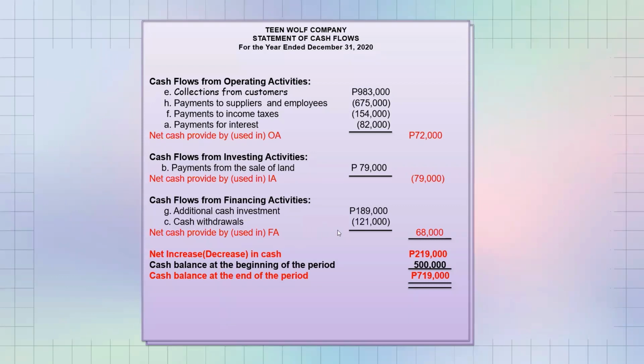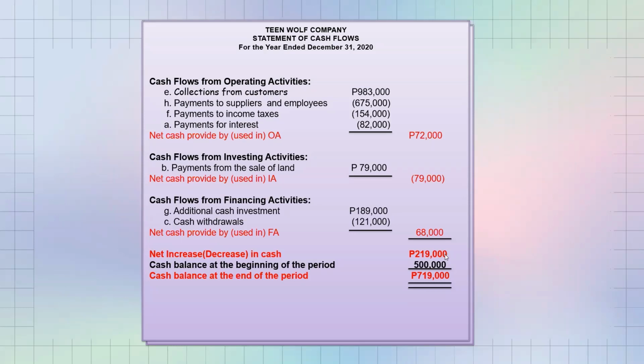Here, we subtract the cash withdrawals of 121,000, so we get a positive 68,000. So, the financing activities are net cash provided. As Ate Casey said earlier, to get the net increase or decrease in cash, we add the totals of the net cash provided by operating activities, investing activities, and financing activities. When we add those, the total is 219,000.